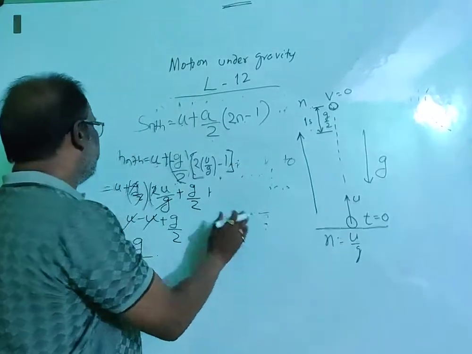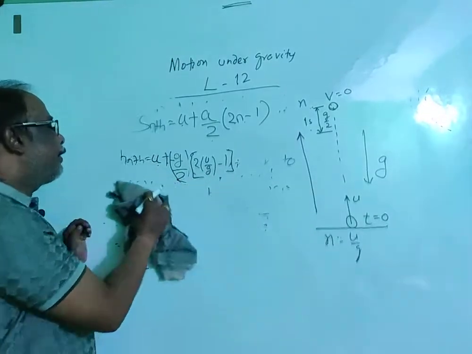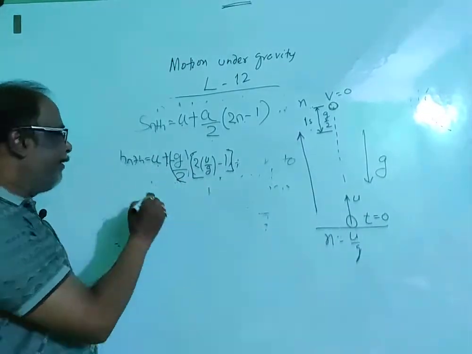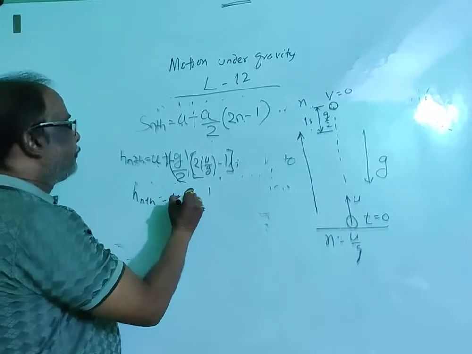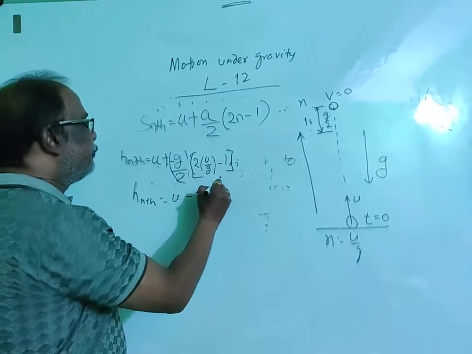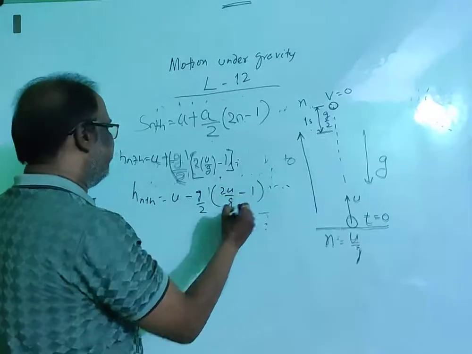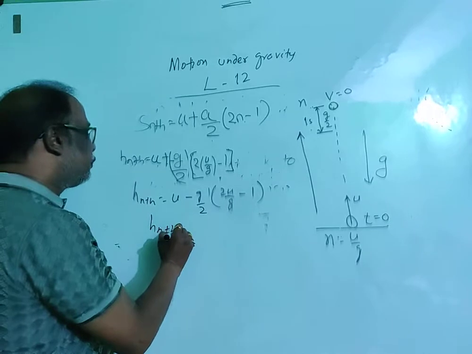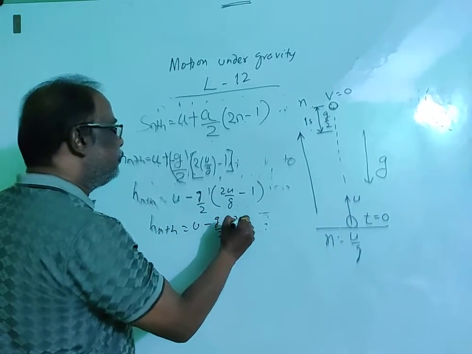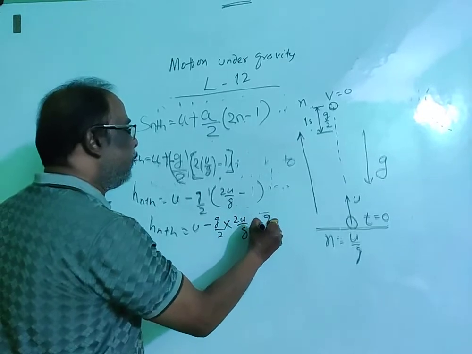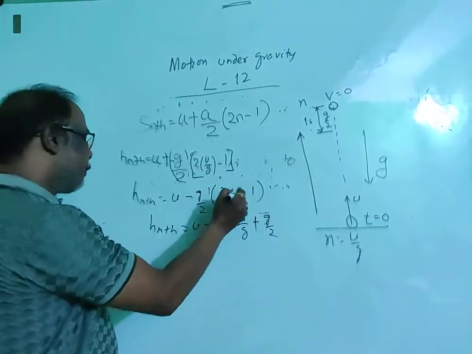This is right. Now the simple solution, you see it. Hn is equal to (u minus g by 2) into (2u by g minus 1). Then Hn is equal to u minus g by 2 into 2u by g, minus g by 2. Sorry, this is plus g by 2: minus minus plus.